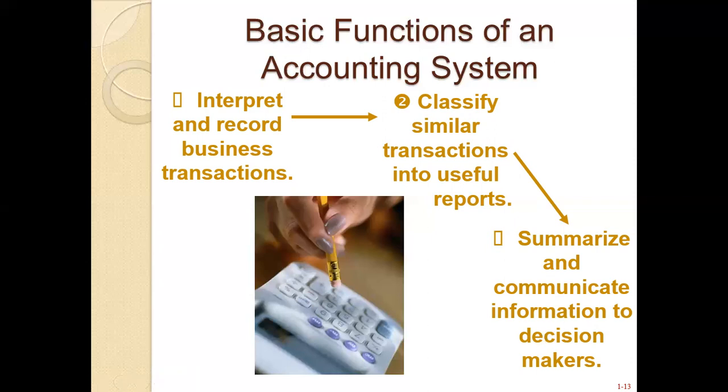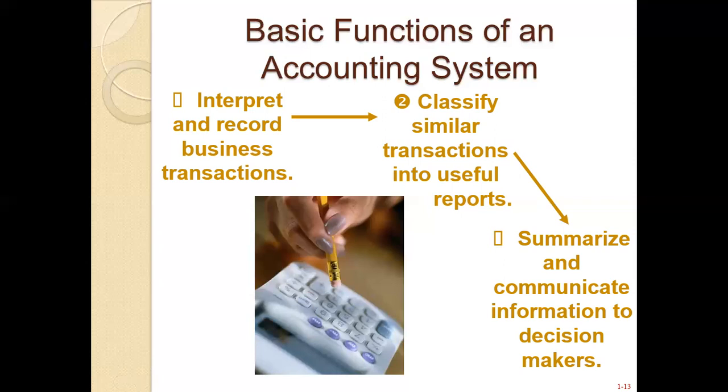When you make the useful reports, I mean balance sheet showing financial position, income statement and cash flow, you can easily communicate to the decision maker. Then the decision maker can make a good decision.